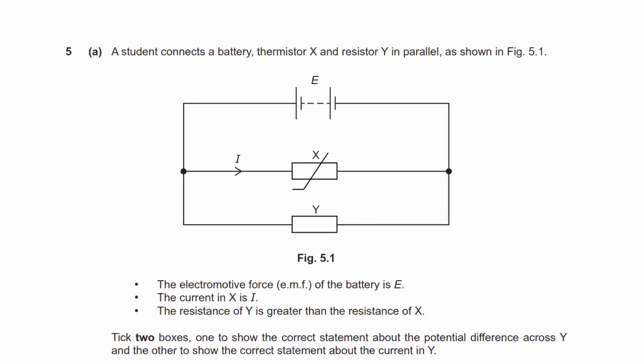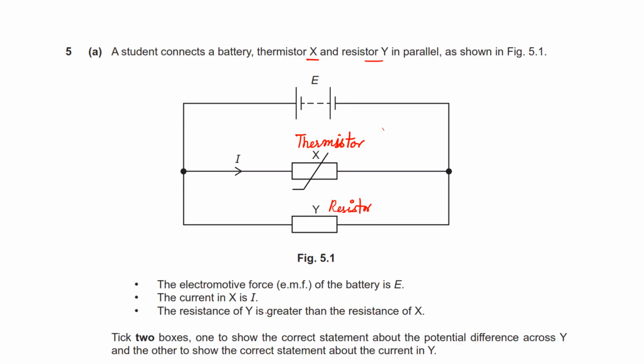So moving ahead, question number 5, part A. A student connects a battery, a thermistor X and a resistor Y in parallel. The electromotive force, or EMF, or you can say the voltage of the battery, is E. The current through the thermistor X is I. This is your thermistor and Y is your resistor.